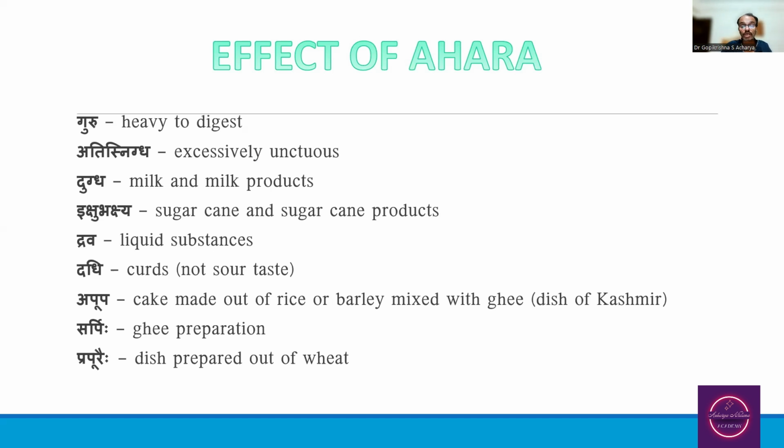That means sugarcane products, sugar, candy, jaggery, etc. Liquid substances, the curds, fresh curds, which are not having sour taste. Apupa, a kind of cake made out of rice or barley. Sarpihi, preparations of ghee, and prapuraihi, a dish prepared out of wheat, such as puri, etc.